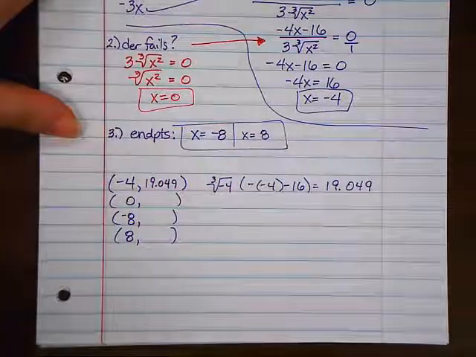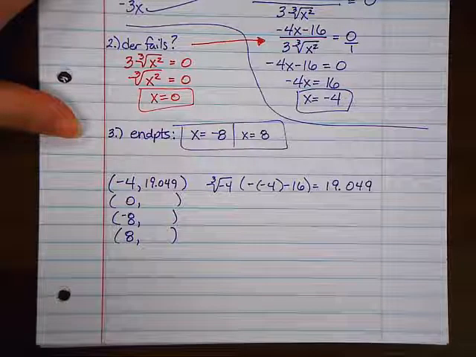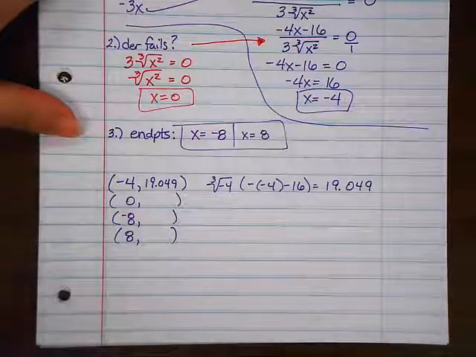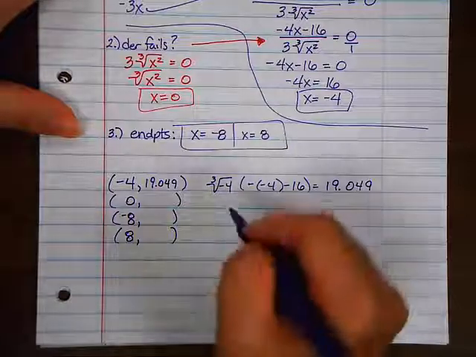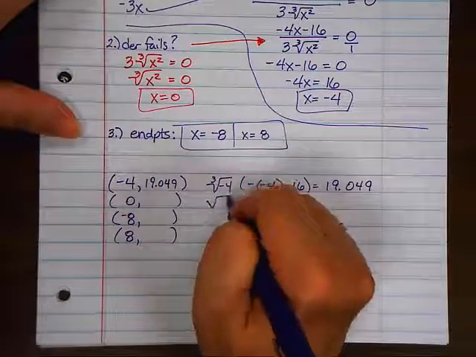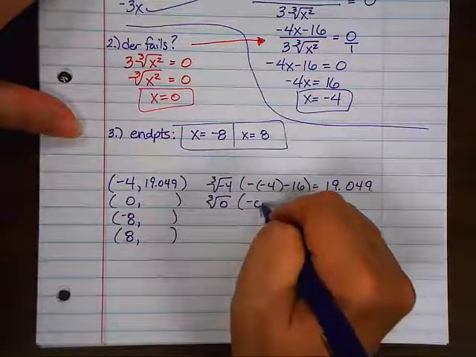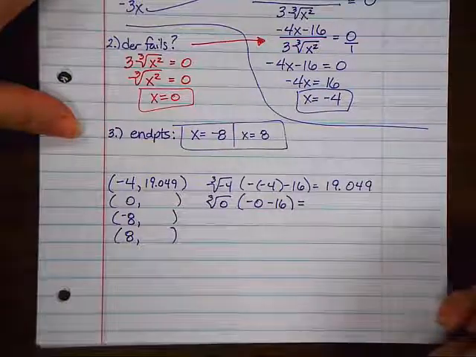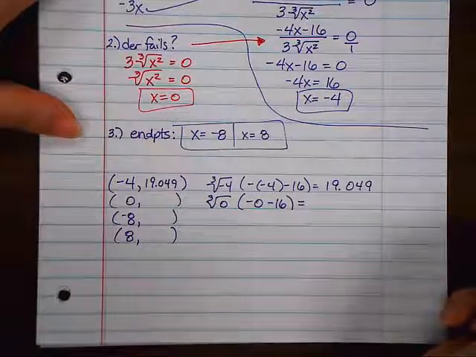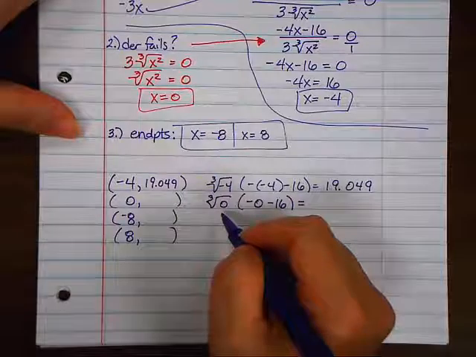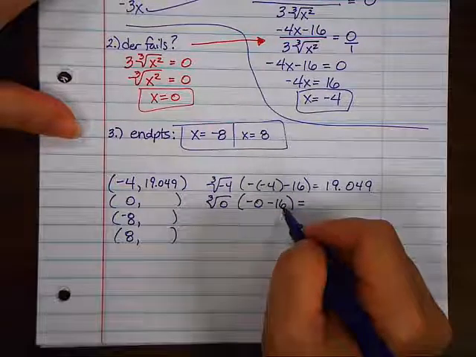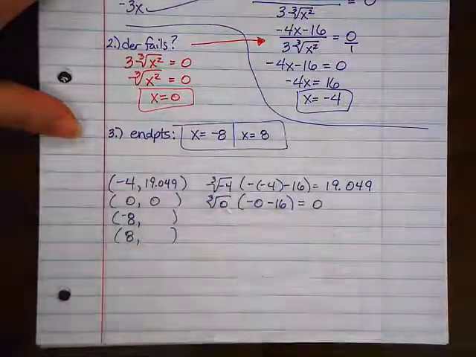You could do it on a scientific. The other 3 you can do without a calculator. It may take a little brain work, but you can do it. Cube root of 0, times negative 0 minus 16. What is the cube root of 0? 0. 0 times anything is 0. That one's done.